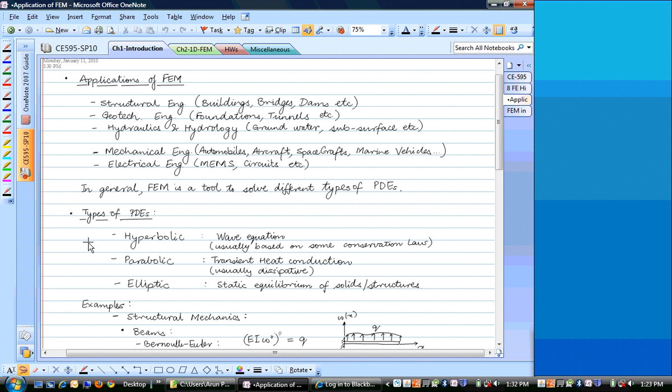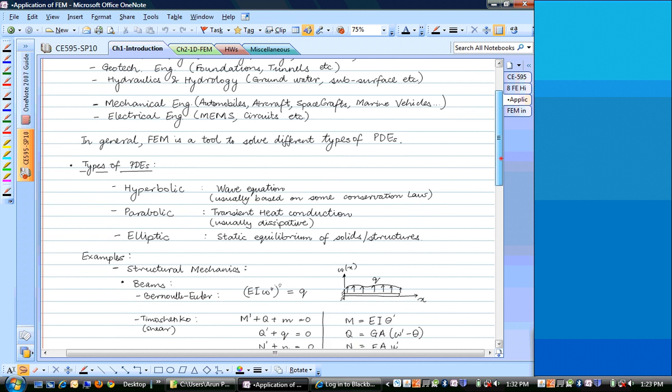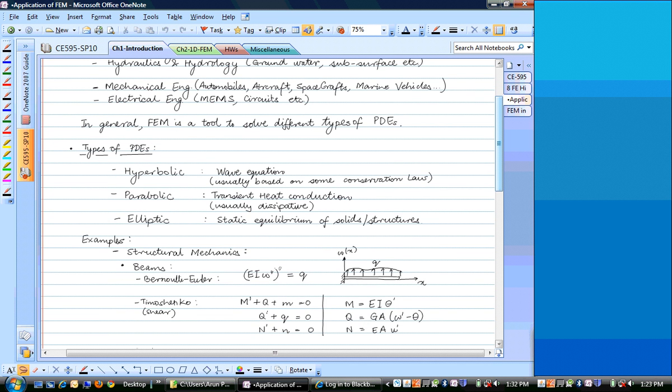Here is a little information about the types of PDEs that we commonly encounter. I'm not going to expect you all to understand the ins and outs of all the PDE theory, but it's good to know what types of PDEs there are in nature. The three types that I've listed here are hyperbolic, parabolic, and elliptic, and I've given one example of each of those.